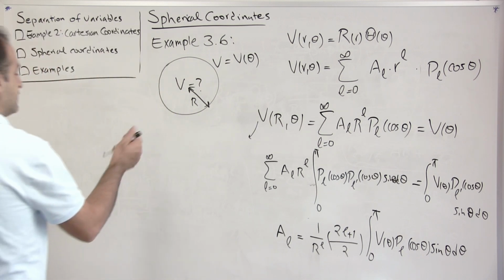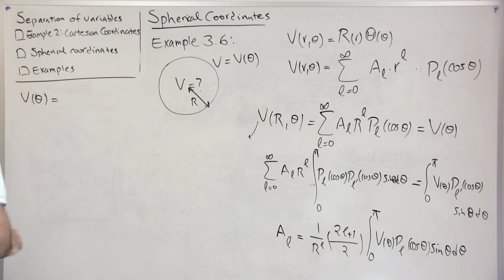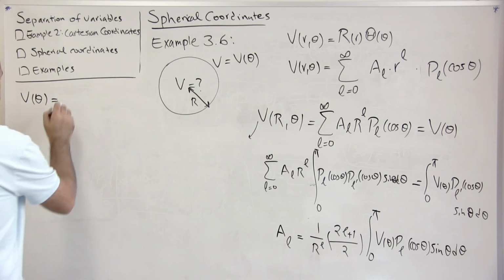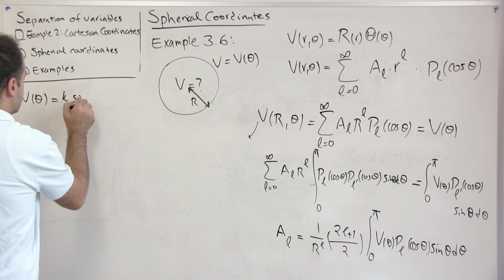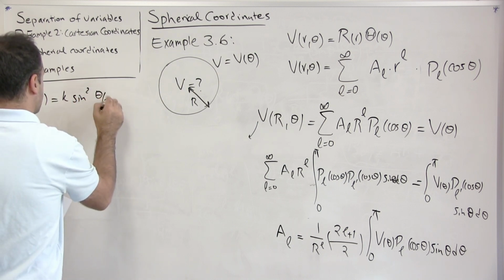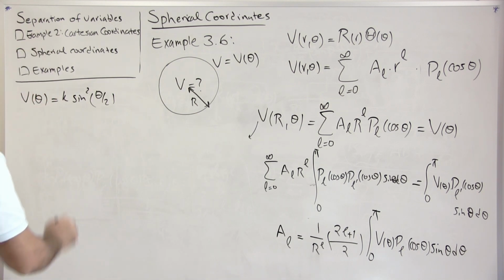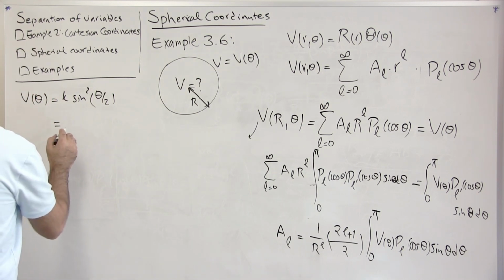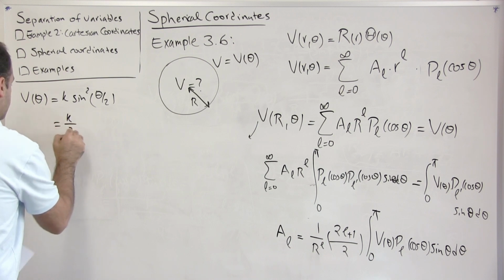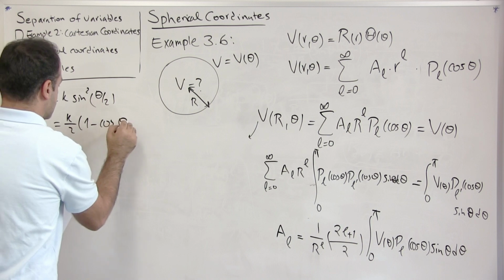Okay, so let's make the assumption that V(theta) has the form K sine squared of theta over 2, which is equal to K over 2 times 1 minus cosine theta.